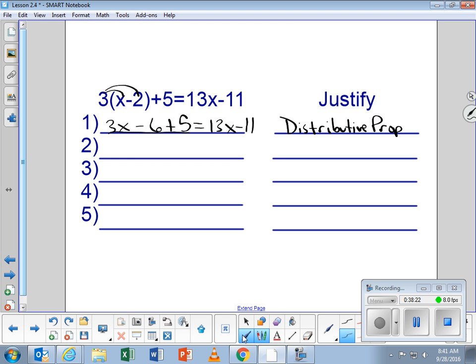So she didn't do it the way some other people did it. That doesn't make it wrong. We could do this. She subtracted 3x from both sides, got minus 6 plus 5 equals 10x minus 11. So what property did she use? Subtraction property. She subtracted 3x from both sides.